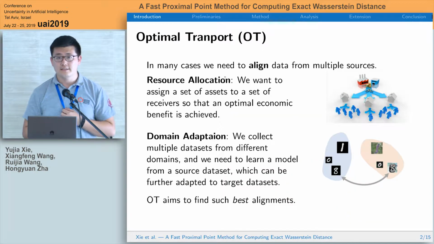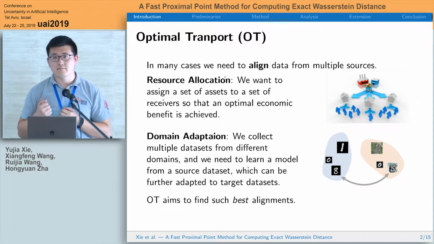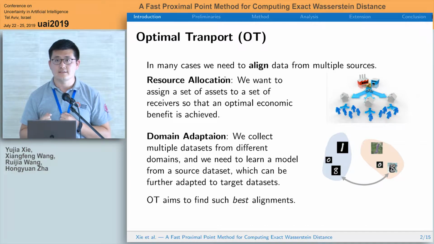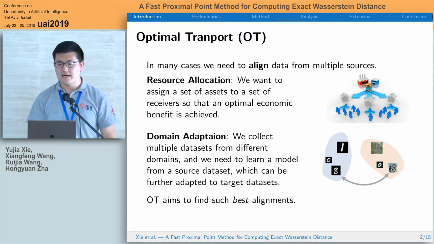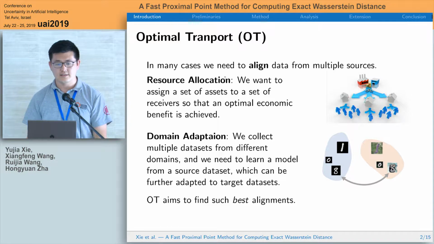Wasserstein distance is a good metric to measure the distance between distributions, and it has a close relationship with the optimal transport problem. So at the beginning, I will briefly introduce the optimal transport problem. In many cases, we need to align data from multiple sources.